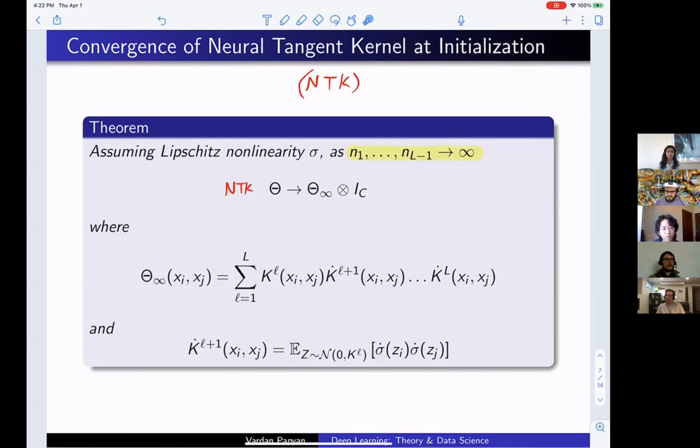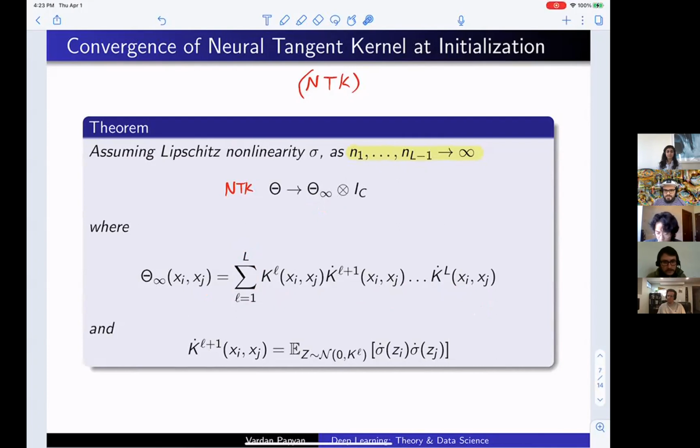So notice that the second part of the theorem is saying that this theta infinity is equal to the following expression. It's a sum over all the different layers, and there are several components to each element in the sum. Hopefully you can identify one of the elements. Which element have you seen in your very recent past?